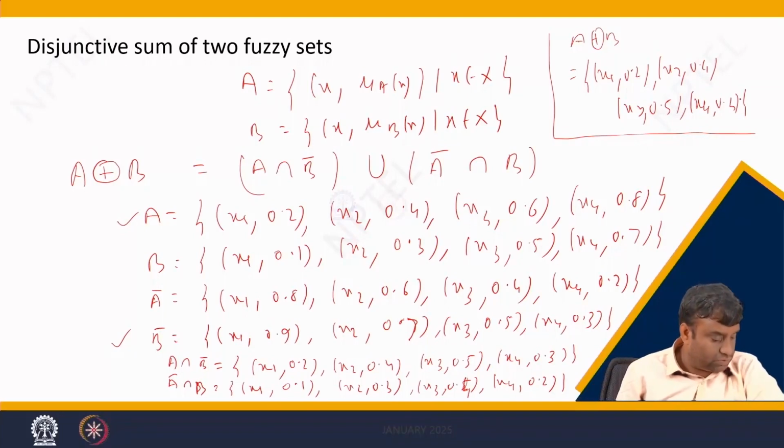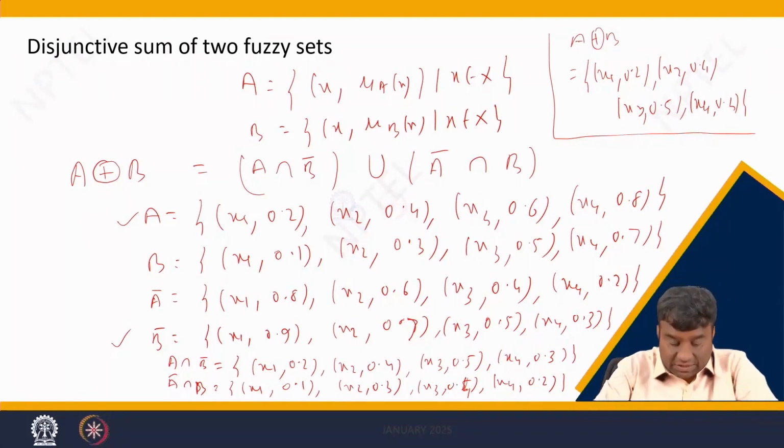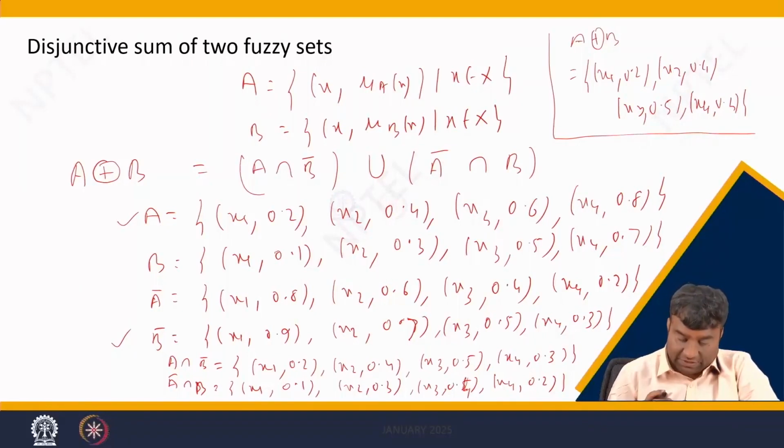So for this example, the disjunctive sum of two fuzzy sets. You can consider any two fuzzy sets and try to find the disjunctive sum.